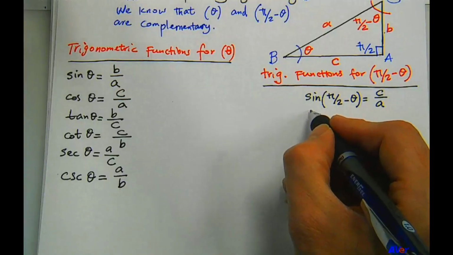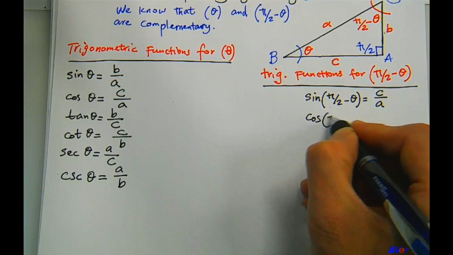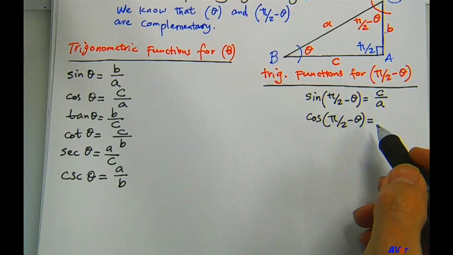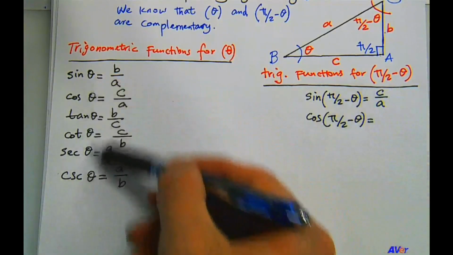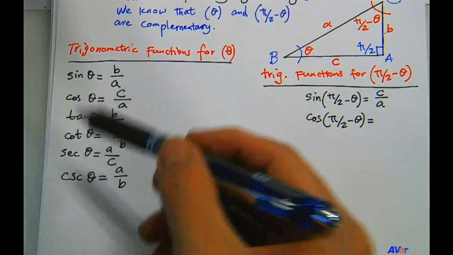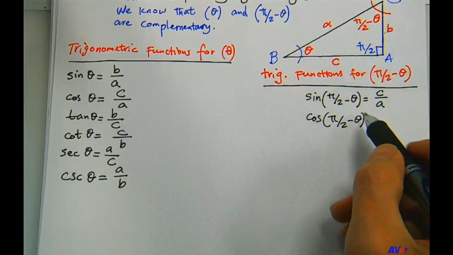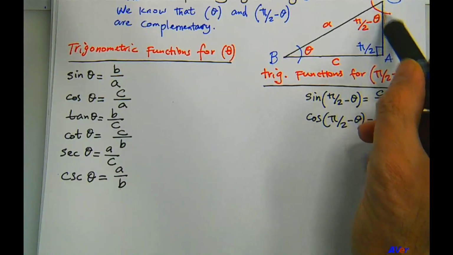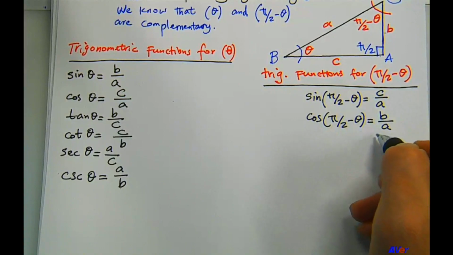Let's write down the cosine of that. Are you following what is happening? We're just writing these 6 basic trigonometric functions for the complement of theta. So cosine of pi over 2 minus theta would be the adjacent side divided by the hypotenuse. So b over a.